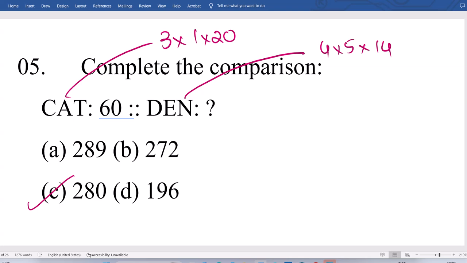Each letter value we know, so just put that in and do the product. The first pair has some logic, and we apply the same logic to the second pair. Cat is 60, then the other is nothing but 280, the product of those letters' respective values. Good.